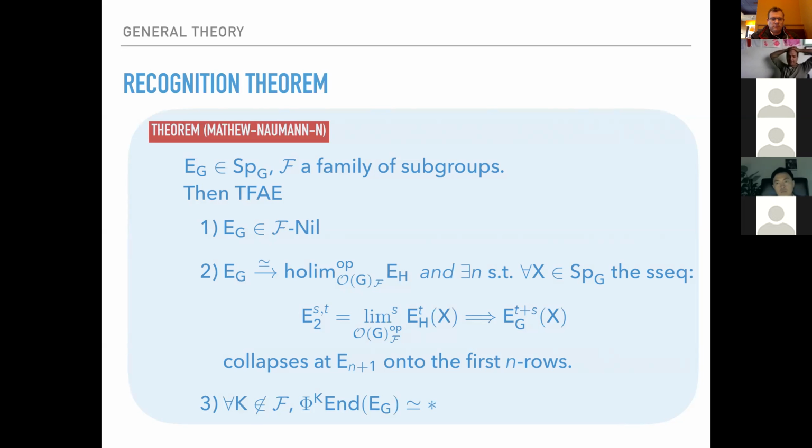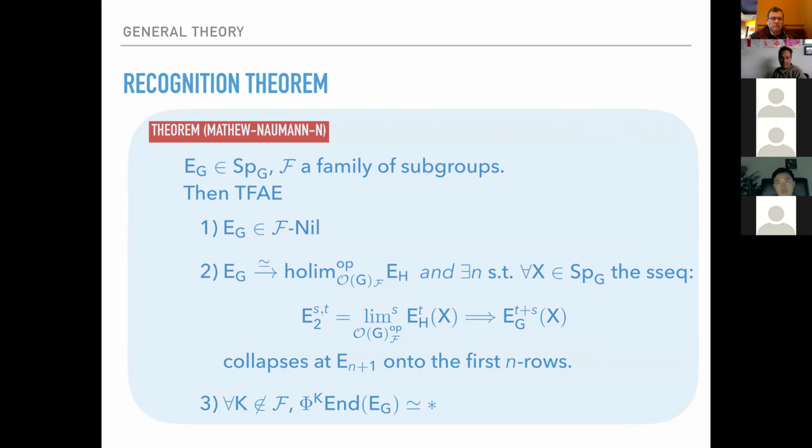In particular, if EG is a ring spectrum, then the endomorphism ring is an algebra under the EG endomorphisms of EG, so just the ring spectrum EG itself. So you could just check whether or not the geometric fixed points vanish on EG. And if EG is complex orientable, then you could check nilpotence for these Euler classes just in the ordinary grading of EG.